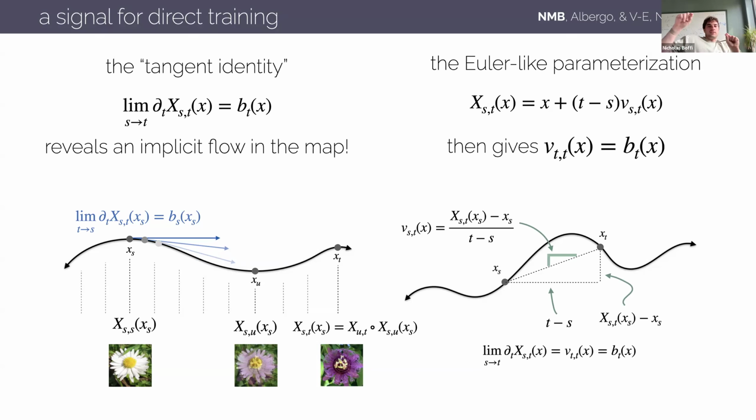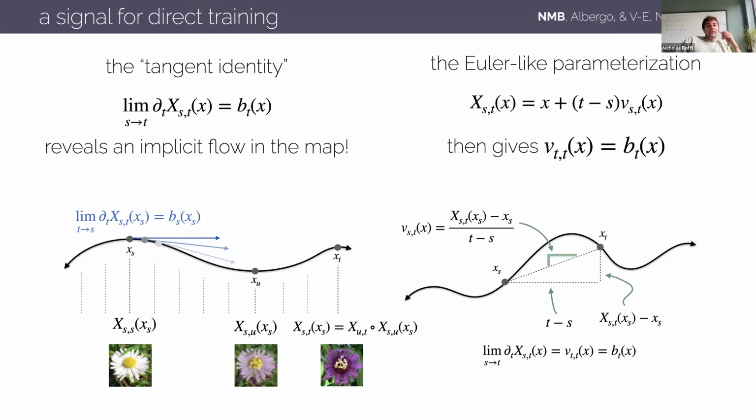I just take two points and draw a line between them. The slope of that line is precisely v_st. This is sometimes called the mean flow in the machine learning literature. And in particular, you can see why v_tt recovers the tangent condition. It's because if I take the secant, quote unquote, between time t and time t, that is just the tangent, and that is precisely b.